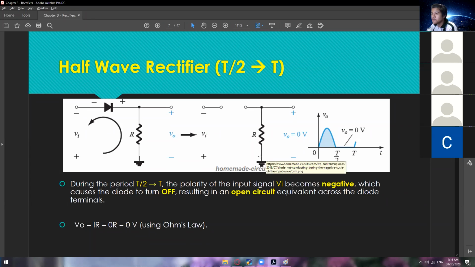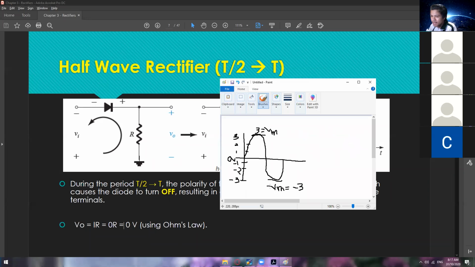All right. So our graph will depend on our diode. So it's the polarity of the diode. Okay. The same, of course, with the polarity of our voltage source or our voltage input. Okay. So did you guys get the idea so far until this point? From the positive to the negative?